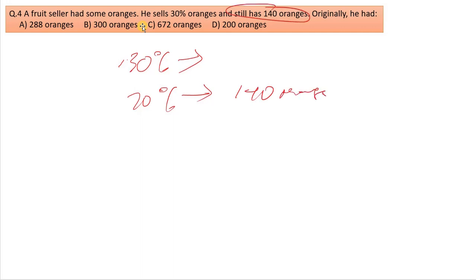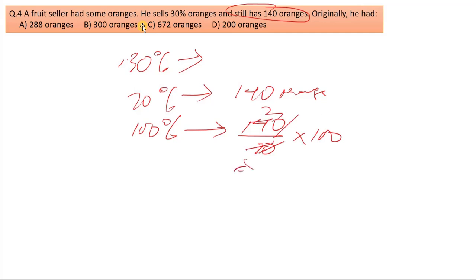So if 70% gives 140 oranges, the original, that is 100%, will be 140 divided by 70 into 100. So cancelling zeros, 14 by 7 is 2, that is 200 oranges. Initially he had 200 oranges, hence option D is the correct answer.